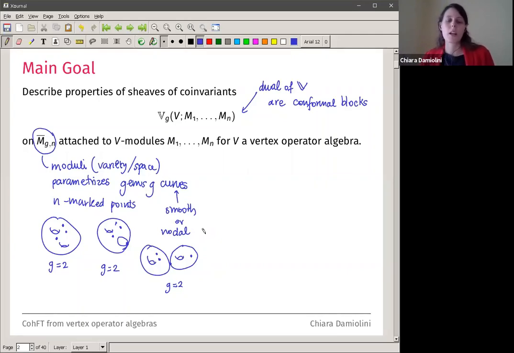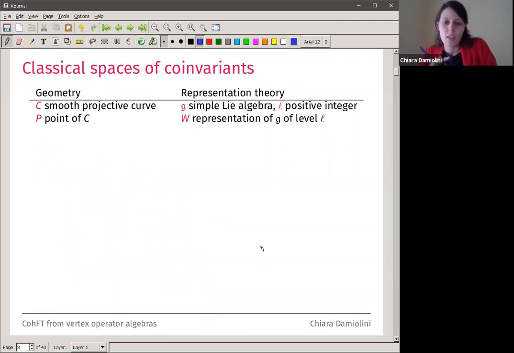So I want to start with the classical case, what I believe is the classical case of sheaves of coinvariants, which doesn't see, for the moment, any vertex algebra. They're sort of hidden, because the representation theoretical input is given by a simple Lie algebra, and I fix a positive integer and some, let's say, irreducible representation of g of a fixed level.